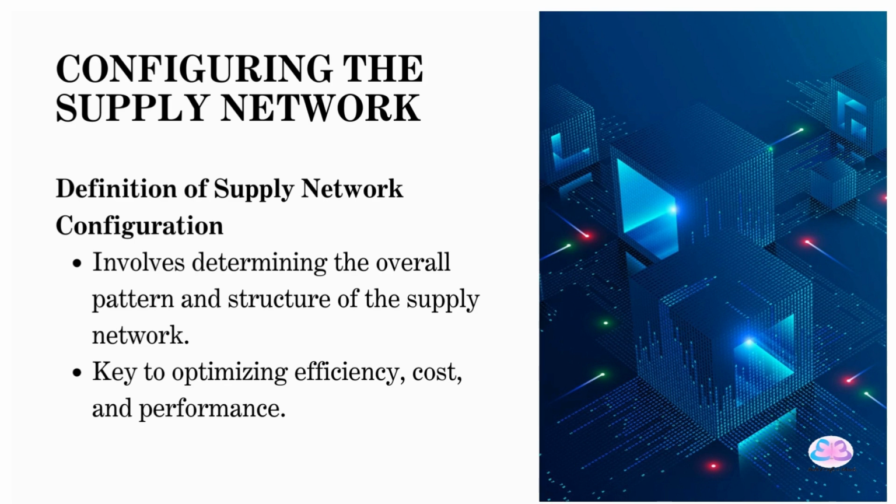Now, it is a critical aspect of supply chain management. What is supply network configuration? Now, it involves determining the overall pattern and structure of the supply network, including the placement of suppliers, manufacturers, distribution centers, and retailers. Now, why do you think it is important?